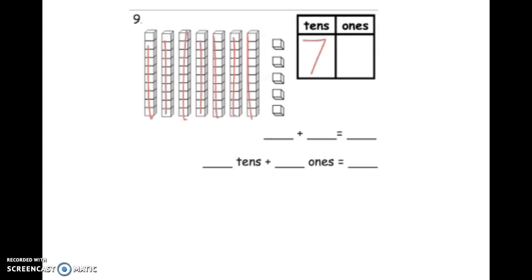So we have 7 10s. And then we have 1, 2, 3, 4, 5 1s. So we have 7 10s, 5 1s. So following that convention, we're going to put 70 plus 5 equals 75. And then again, down here, how many 10s do we have? We have 7 10s, and we have 5 1s, which gives us 75.